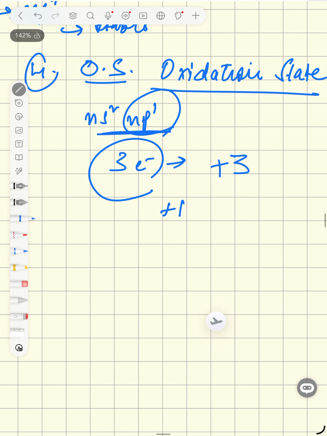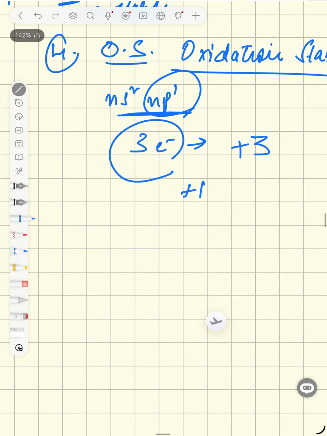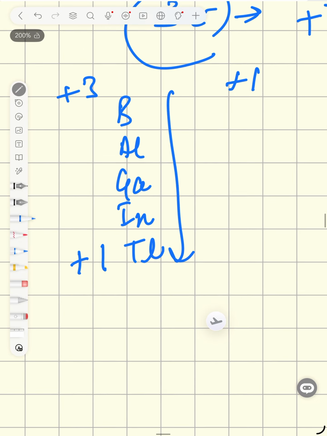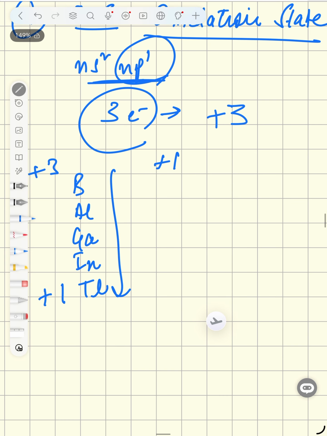Right? As we move down the group from boron, aluminium, gallium, indium to thallium, the +1 oxidation state becomes more stable than +3. This is due to an effect called the inert pair effect.